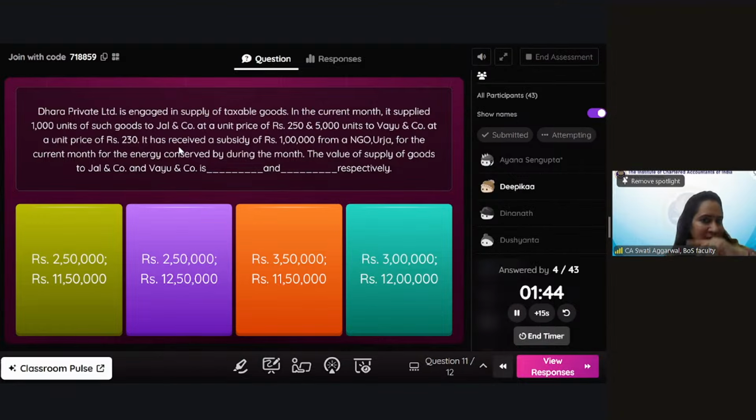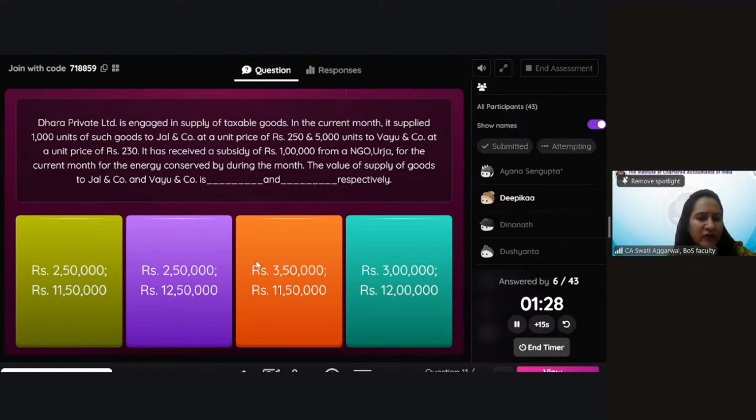It has received a subsidy of 1 lakh from an NGO Urja for the current month for the energy conserved during the month. The value of supply of goods to Jal Company and Vayu and Company is dash and dash respectively. A: 2,50,000 and 11,50,000. B: 250 and 1250. C: 350 and 1150. D: 3 lakh and 12 lakh. 1.5 minutes is left with you.